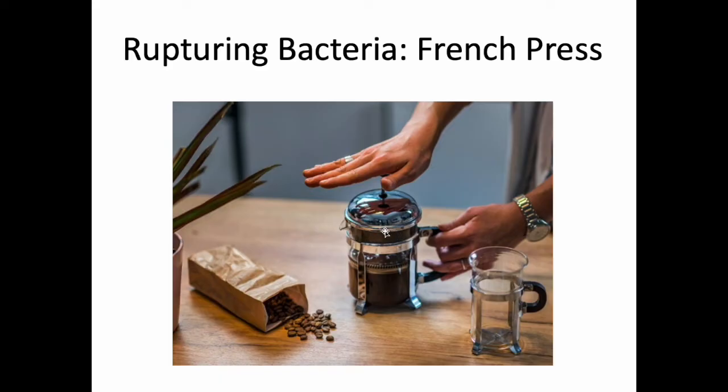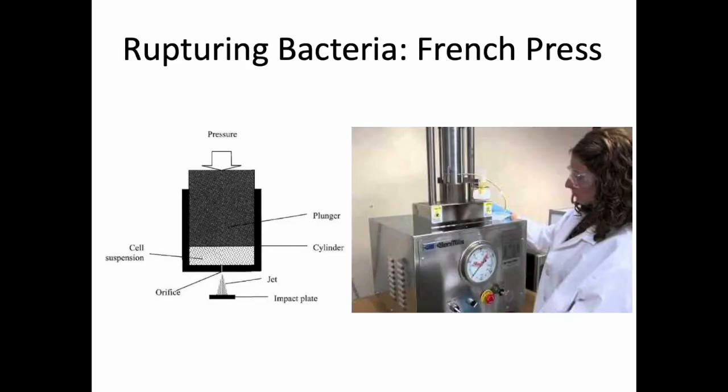Here you take your coffee and your water and you use some force to push it through small holes that are going to press it through. The French press in a lab setting still uses force, but it's industrial, very large amounts of force to, again, little diagram over here. You've got our cell suspension.